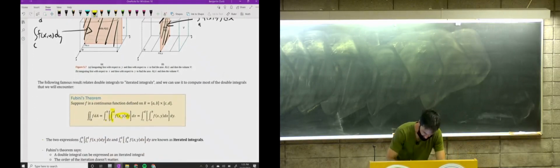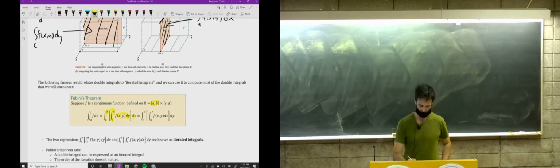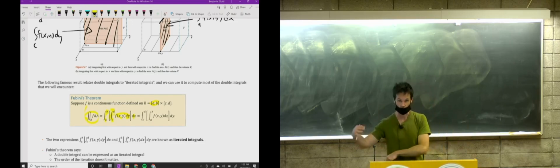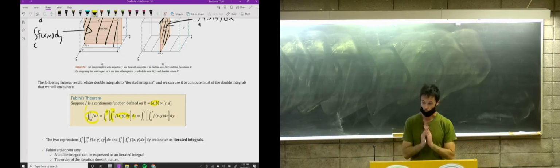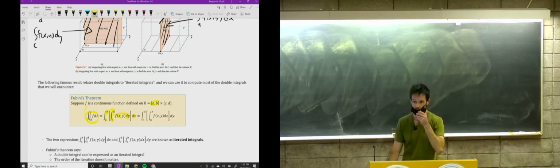And if you integrate that from the x limits of a to b, you get the double integral of f. So that's kind of crazy. You can do this iterated single one variable integral, and out pops the value of the volume underneath the graph.